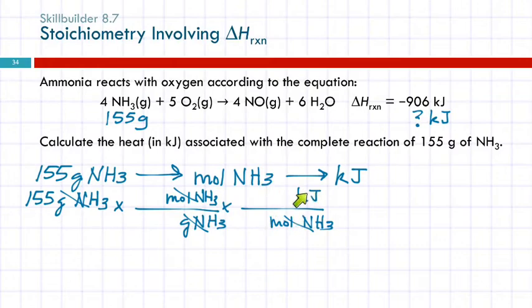This last term, kilojoules of energy and moles of ammonia, that comes from this balanced chemical equation with the delta H here. This is telling me that 906 kilojoules are released when 4 moles of ammonia react. So we can put a negative in here. Negative 906 kilojoules for every 4 moles of ammonia.